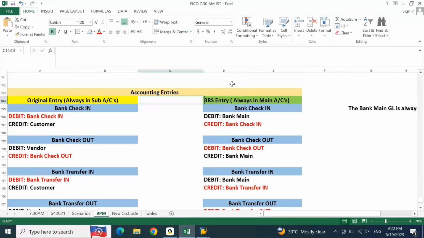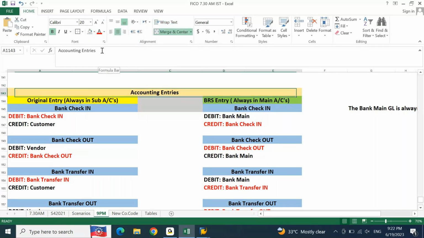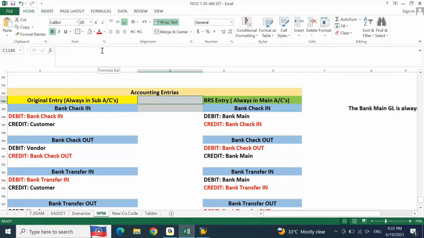Now this one, what is this entry? This is a clearing entry, correct? Yes. Bank check incoming is a clearing entry.